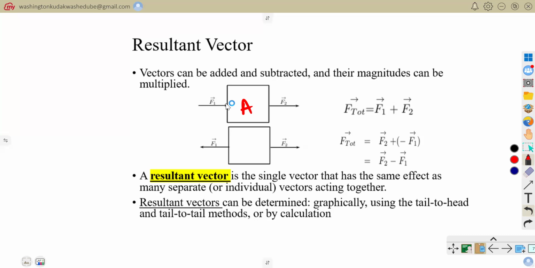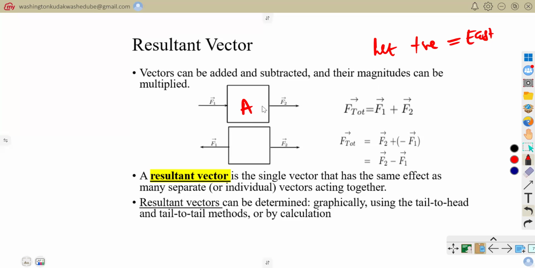So the resultant can now be calculated or be given by what? By our F total, where I would come and add F1 and F2. But when it comes to addition and subtraction, we need to first determine our what? Our reference direction, as we have said. Already we are given the arrowheads. So now we need to say, let positive direction be towards the east.